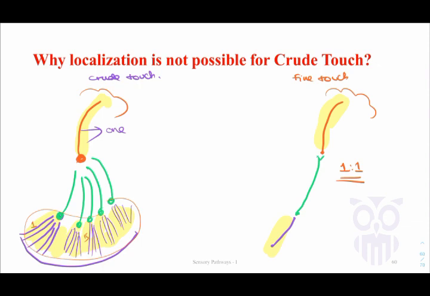That's why we are able to localize it. But here, for crude touch, the ratio is much higher. Suppose the ratio of the number of first order neurons to third order neurons is much higher; if it is the reverse, then lower. So you can say that because of that we are not able to localize it. Please be clear how you are going to mention this. You can draw a diagram to make it clearer.